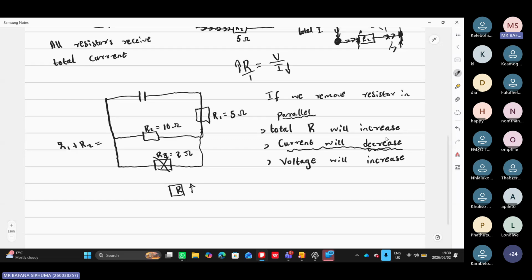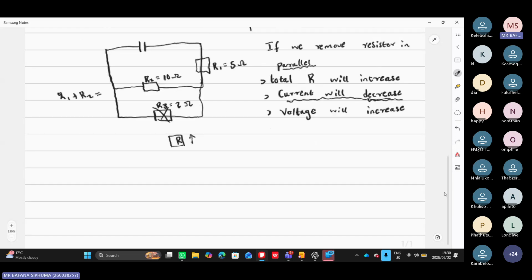But okay, some of you have been introduced to the EMF. I also want to link with the EMF before we do the question papers.